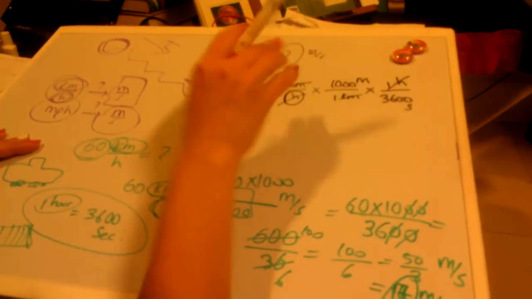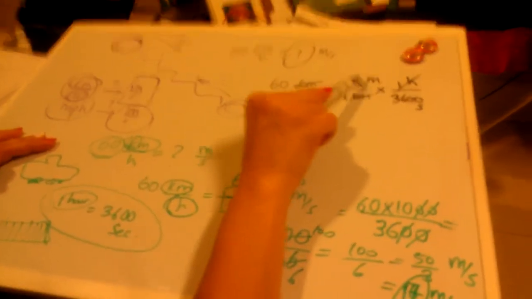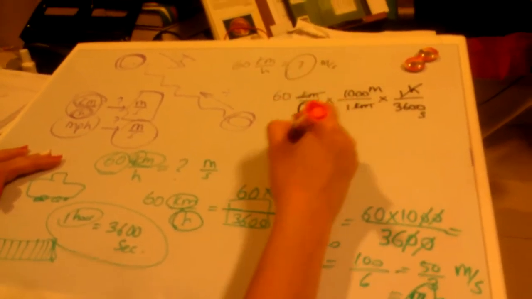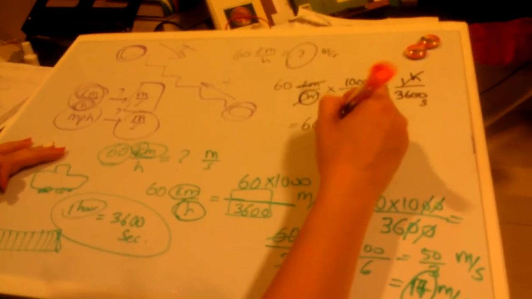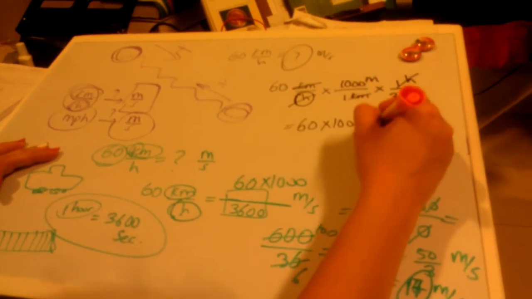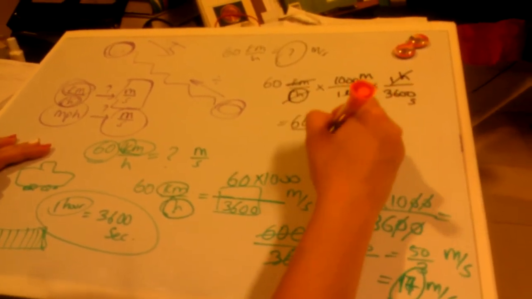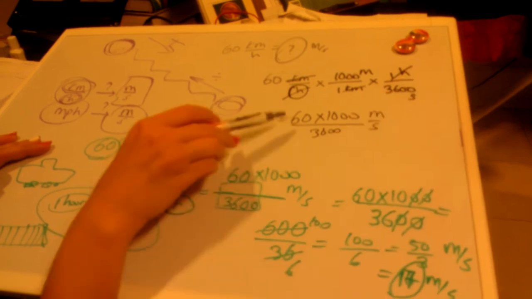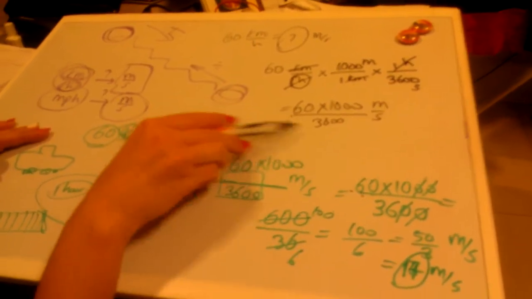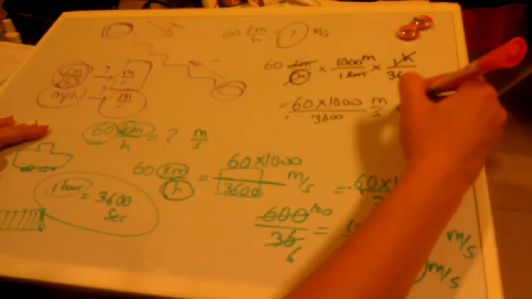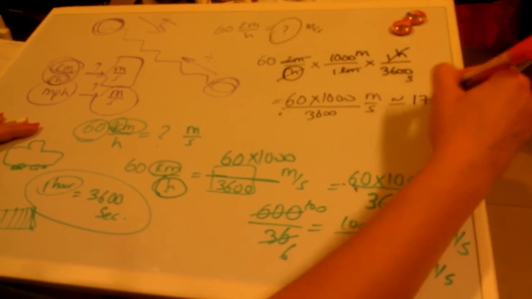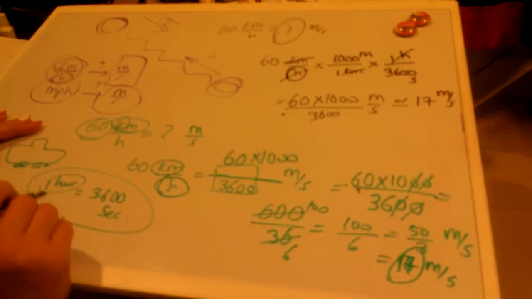So that they end up in the end, eventually, with meters per second. So let's just do the rest. That gives them the meters, this gives them the seconds, and see, the exact same ratio I end up with here, which gives me roughly 17 meters per second.